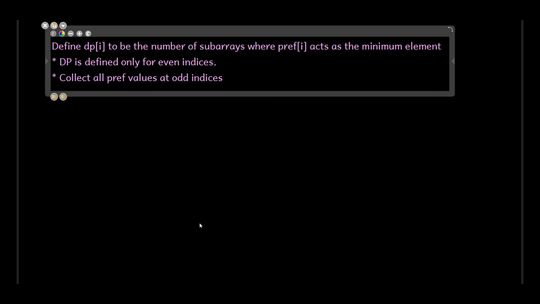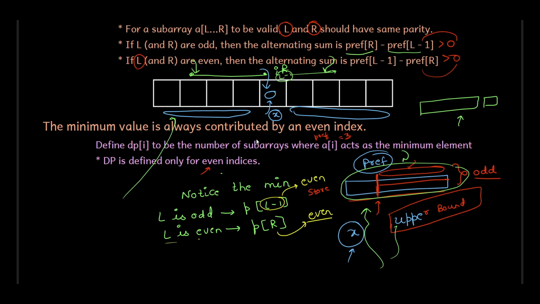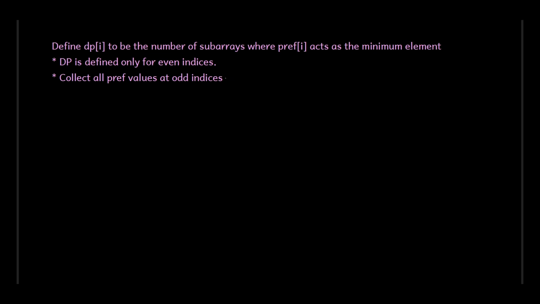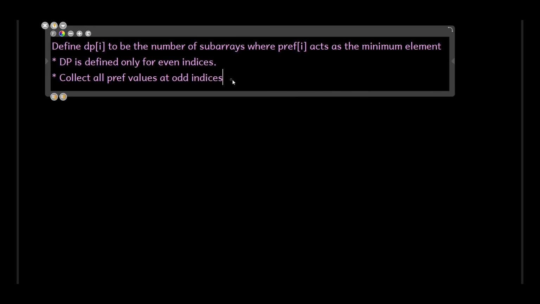Why do you want to pair it up with an even index? Because remember that we are only locating L-1 and R. So L-1 and R will have different index parity, right?